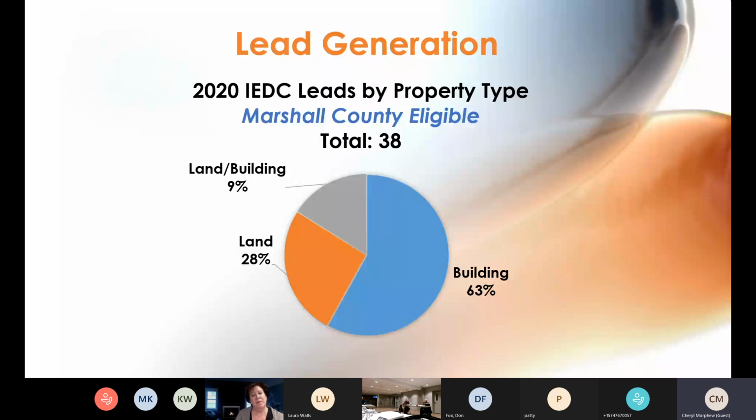I was just gonna say, my question was more, once it comes to Marshall County, is it tracked? I get the IEDC would be more difficult because it's so dispersed, but I'm just looking at what I used to do for a living. Almost any sales software would track leads. Once it came into Marshall County and you had a conversation with somebody, you create a profile for them.